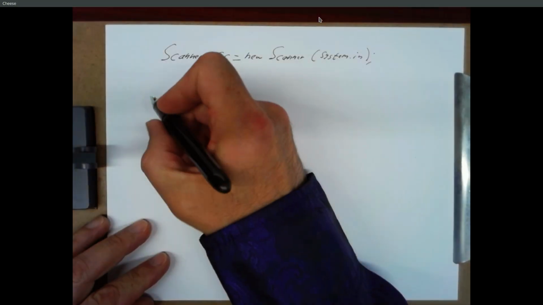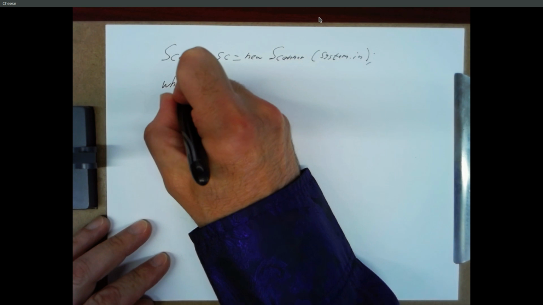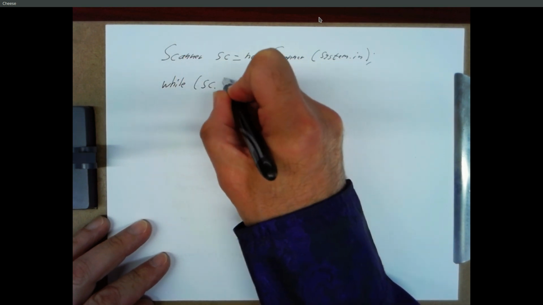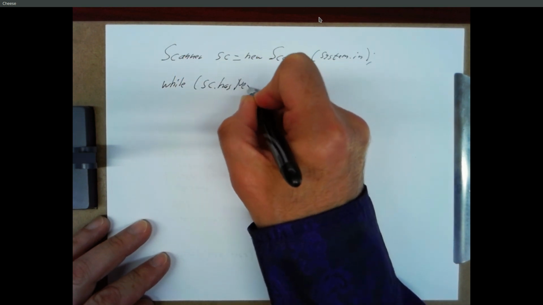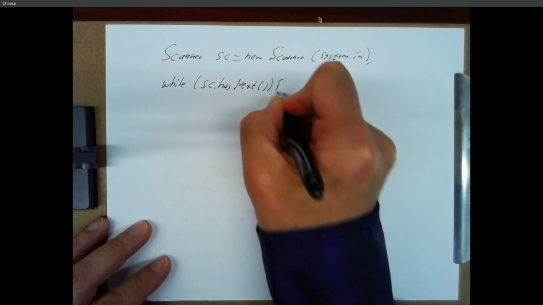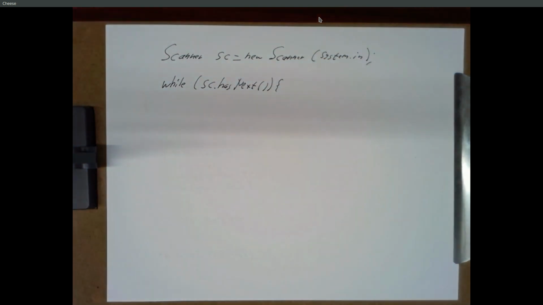So probably the canonical way to do this is while sc.hasNext. You can do this with while true, and then inside your loop you can check hasNext, and if it's false you can just return. But same effect, different way that the code will read to somebody, right?